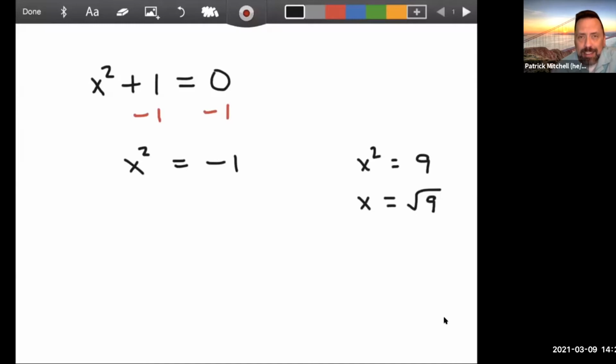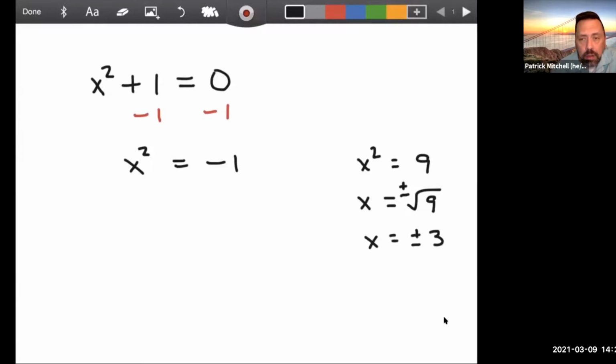In the very next section, section 11.1, we're going to talk about what is the correct way to do this. And I'm actually going to give you a preview of that right now. x could actually be the positive or negative square root of 9, which would make x positive or negative 3.